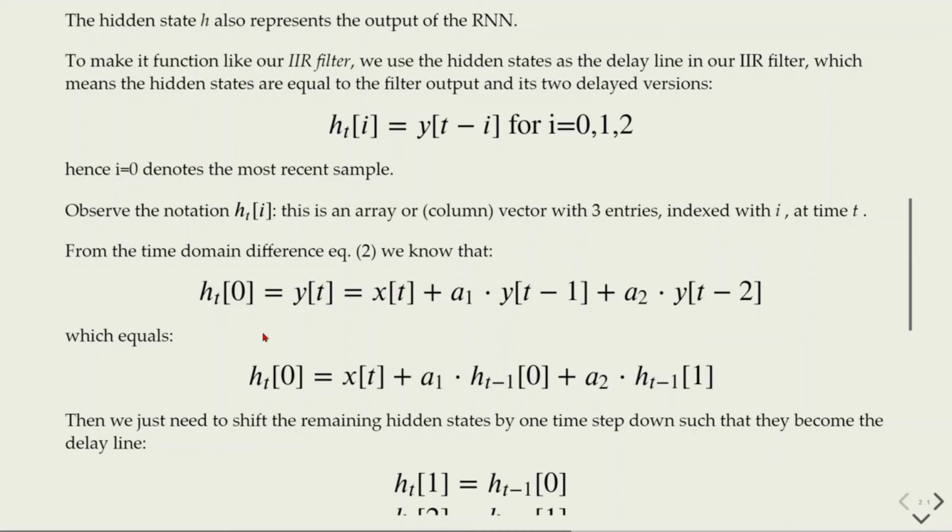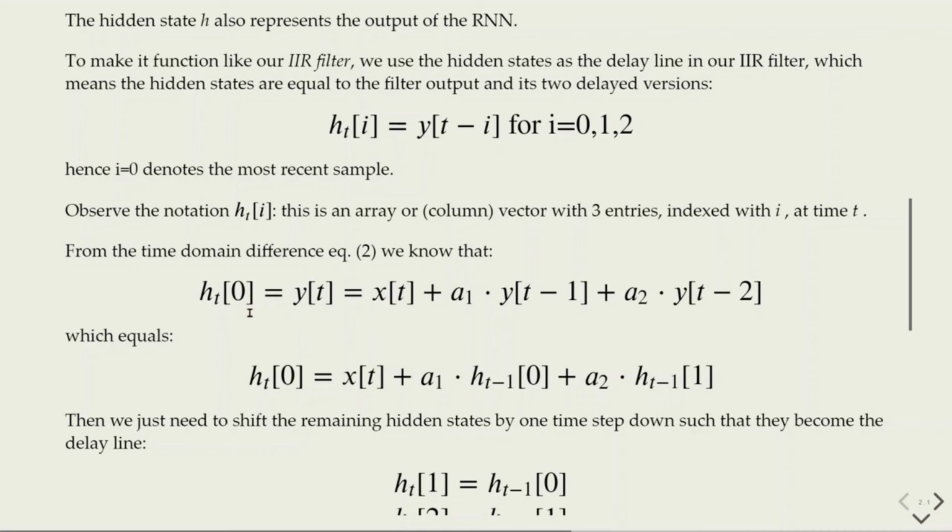So then we now have the relationship between the output, we have our input, and here we have this hidden state h_t. The h_t of 0 is equal to y of t, which is equal to x of t plus a coefficient a1 times y of t minus 1 plus a2 times y of t minus 2.